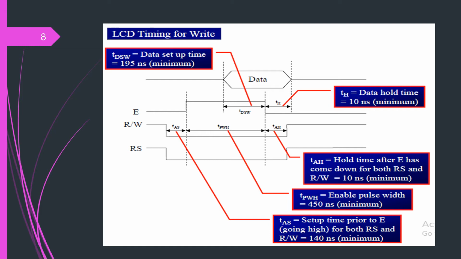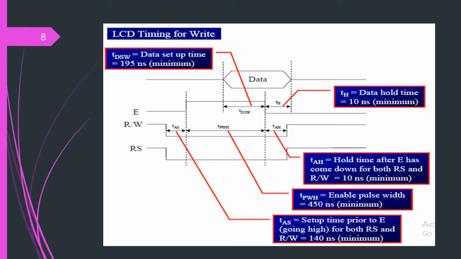After whatever data is sent, then read busy flag and address. This indicates whether an internal operation is being performed, and reads the address counter contents. That also takes 40 microseconds. Write data, when data is written into DDRAM or CGRAM, takes 40 microseconds in both cases, and read data from CGRAM or DDRAM also takes 40 microseconds.